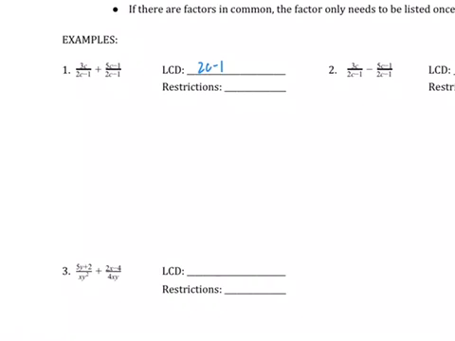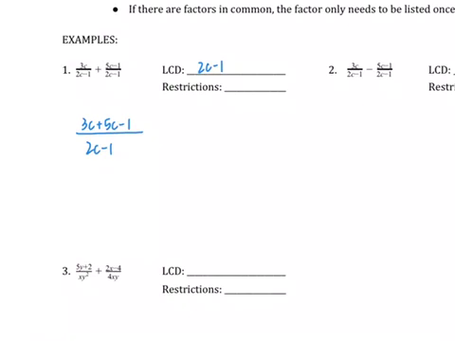Because the denominator is already common, all I have to do is add the numerators. When we add two rational expressions together and they have the same denominator, we just add their numerators.